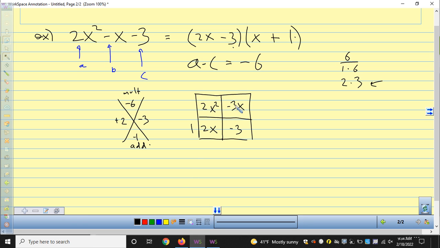Biggest number that goes into 2 and 3? 1 again. The smallest x that both of these have? 1x. Biggest number that goes into 2 and 2? 2. The smallest x that both of these have? x. Biggest number that goes into 3 and 3 is 3. And because this is negative, we're going to make that a negative 3. They don't share an x. So my parentheses are x plus 1 times 2x minus 3.